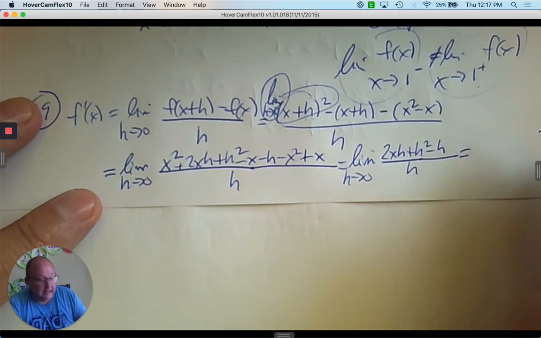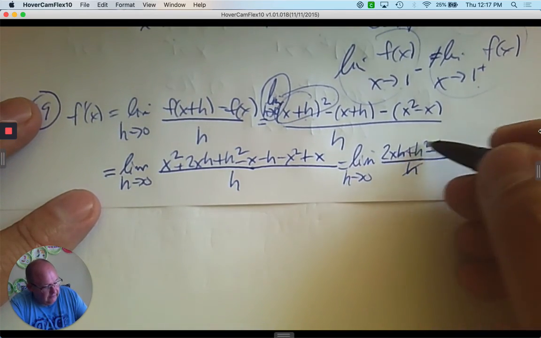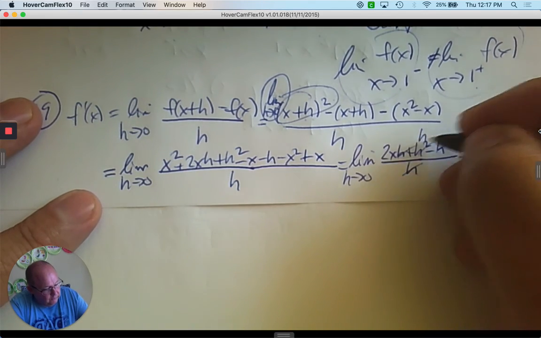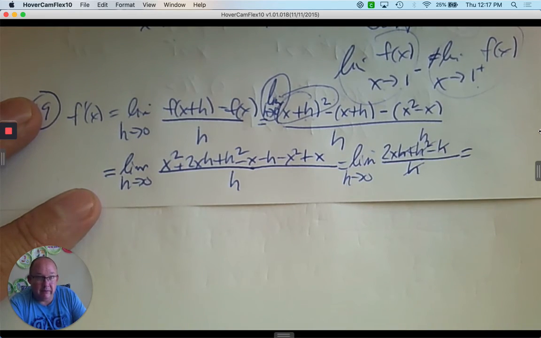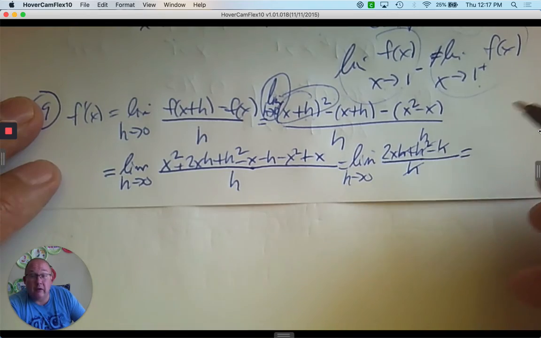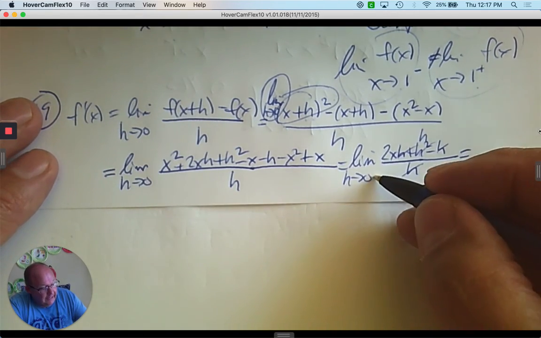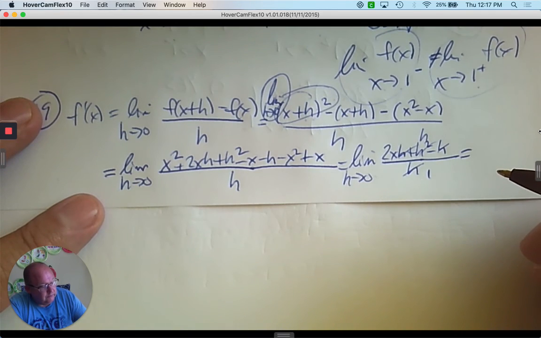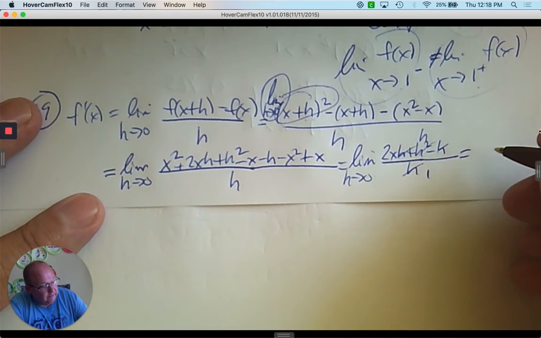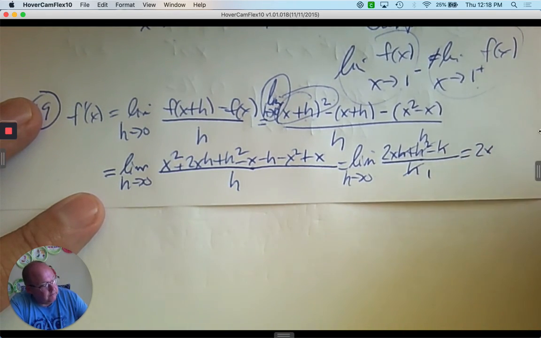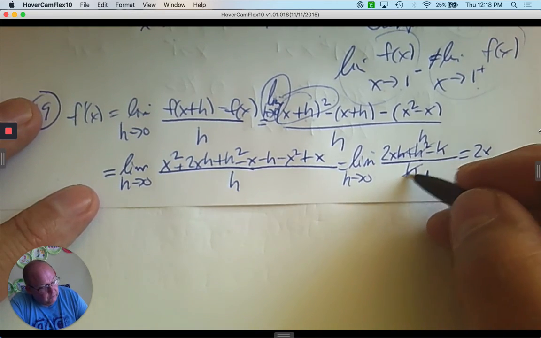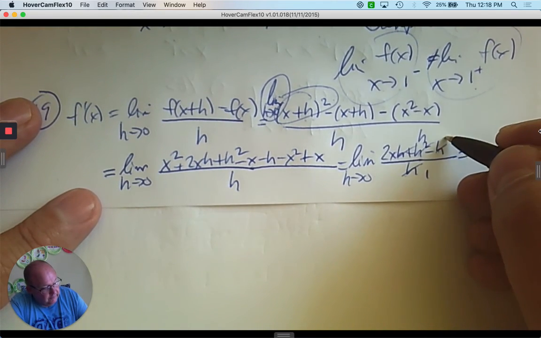Now, I'm going to divide an h out of each one. And so if I divide an h out of each one and then plug in 0, it's no longer indeterminate. So now we have a 1 in the bottom. And now when you plug in 0 for h, you have 2x. And know that when you divide the h out of here, that's negative 1.